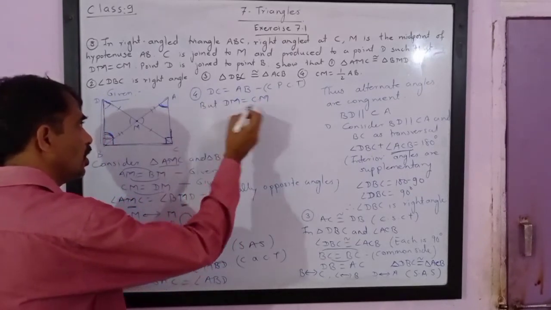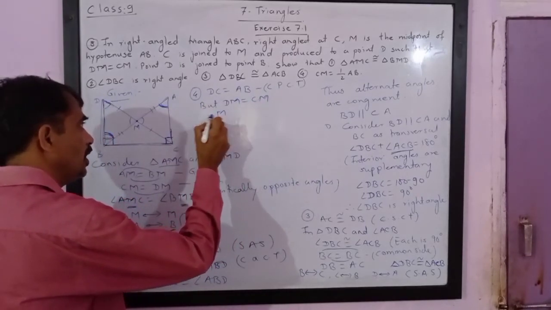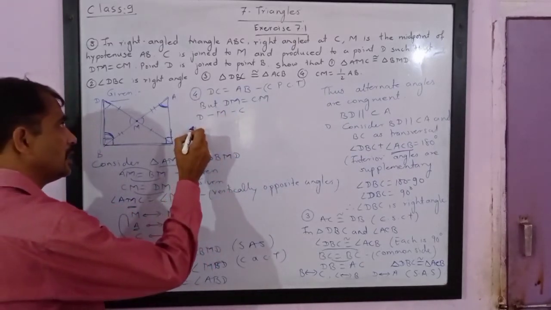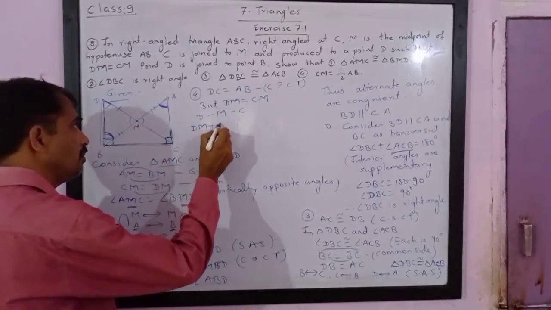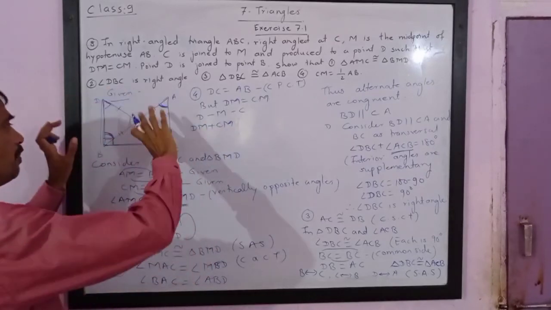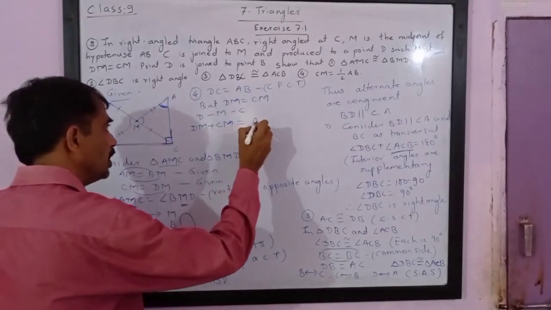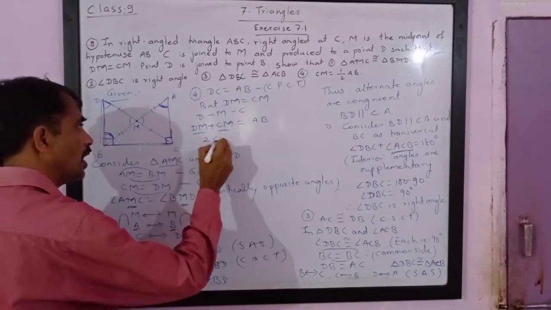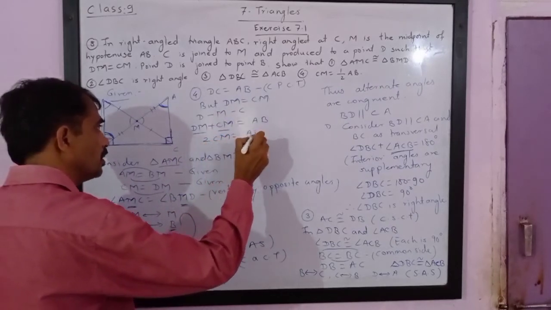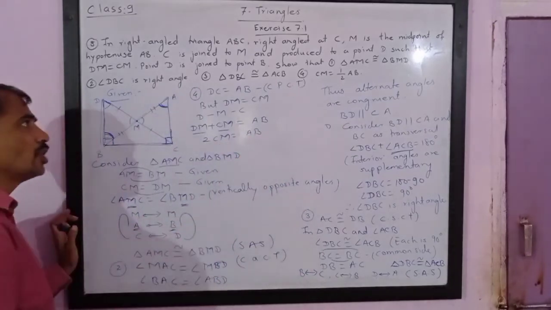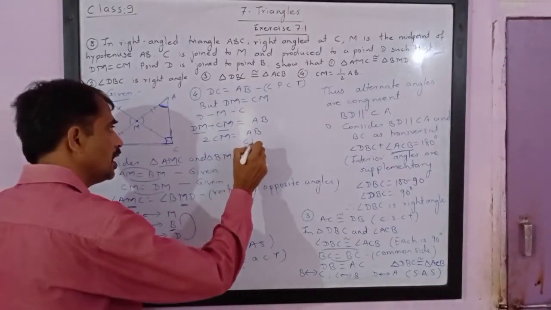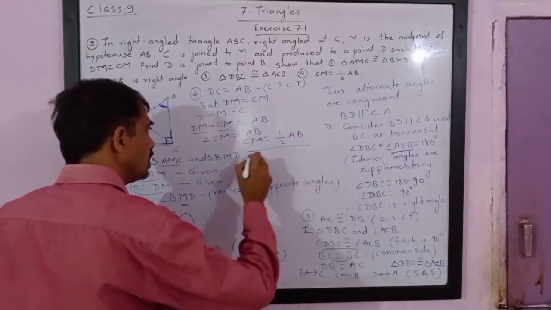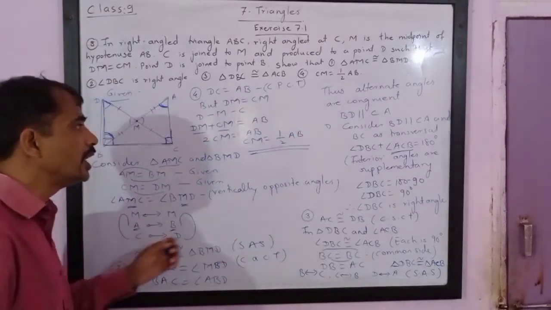Therefore DC is equal to, and M is between D and C, so I can say that DM plus CM is equal to AB. Now these two are equal, therefore I will get twice CM is equal to AB. If 2 is transposed to the other side, you will get CM is equal to half of AB. So this is the fourth result that we needed to prove.